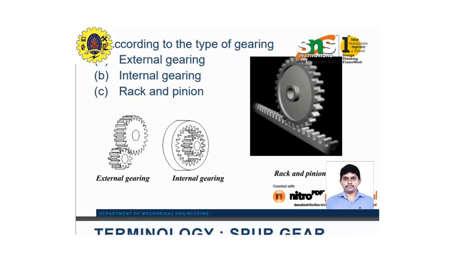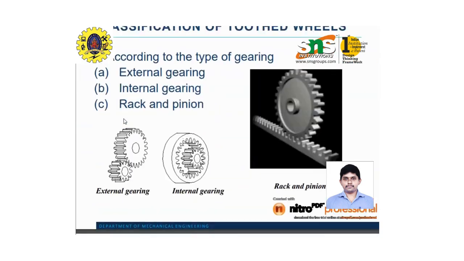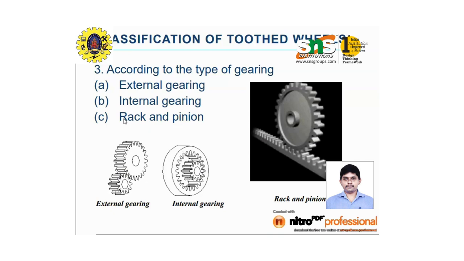Okay. So according to this same classification, in general we say gears can be divided into three types. One is called external gears, second is called internal gears, third is called rack and pinion.